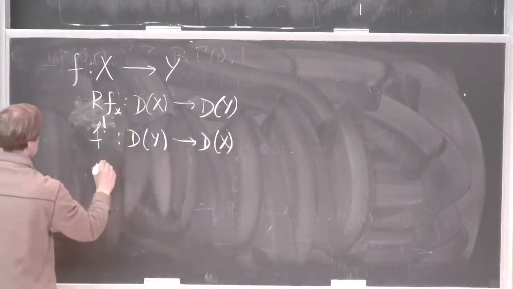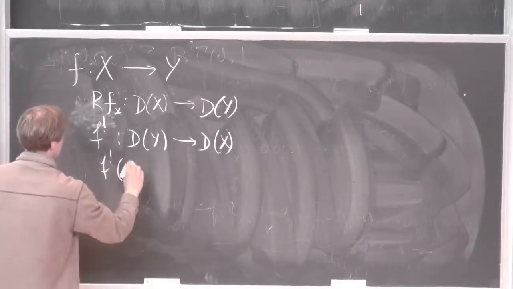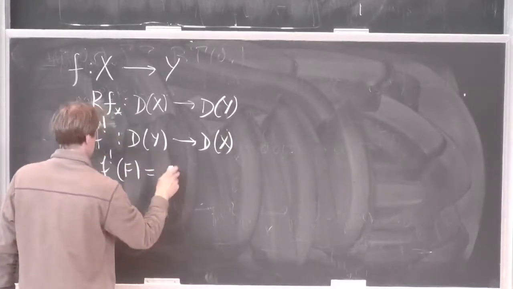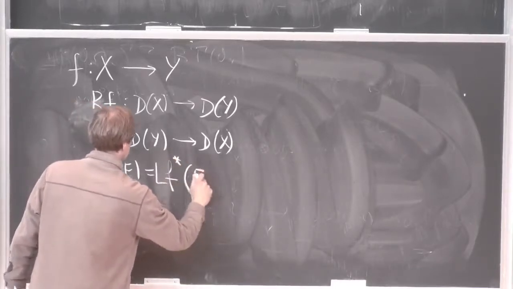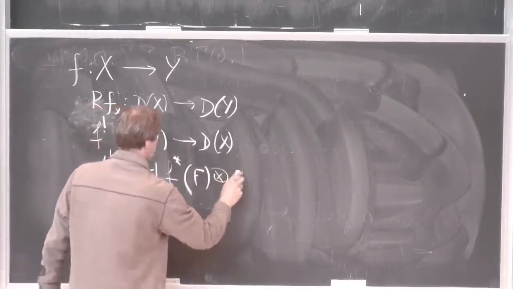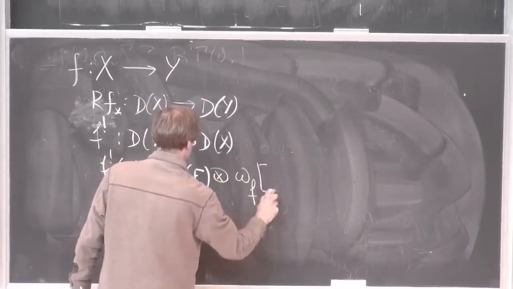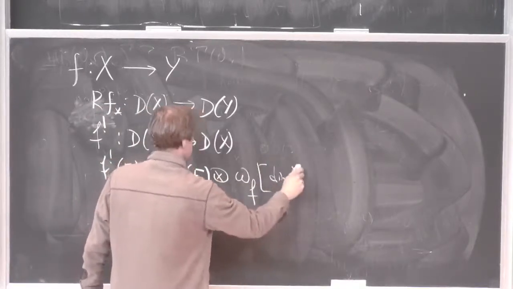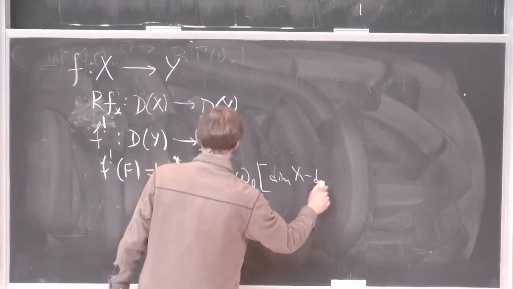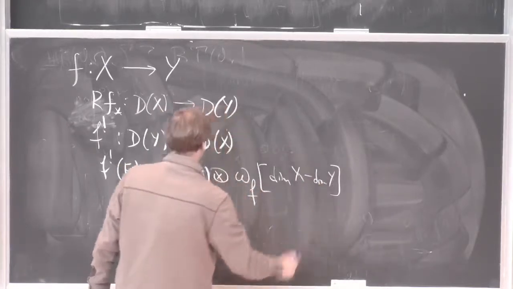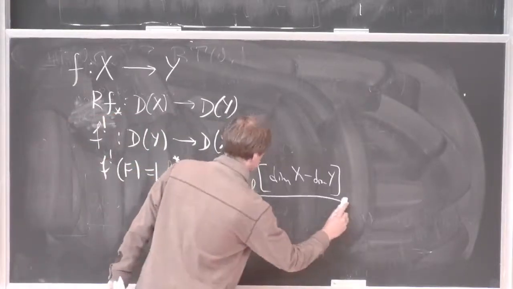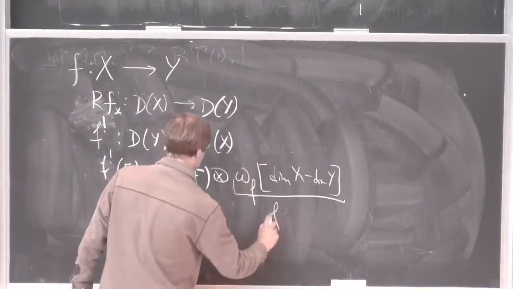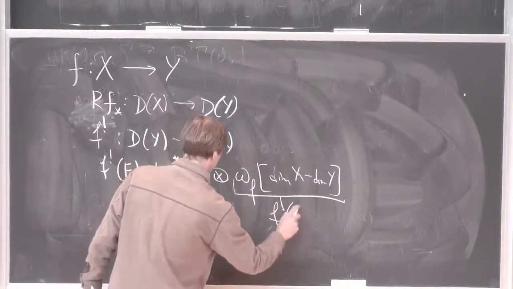So f upper shriek of something is: you take the pullback tensor with omega_f, shifted by the difference of dimension. So in fact, from this formula, you see that what you have here is actually f upper shriek of O.